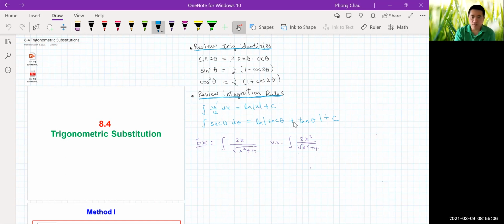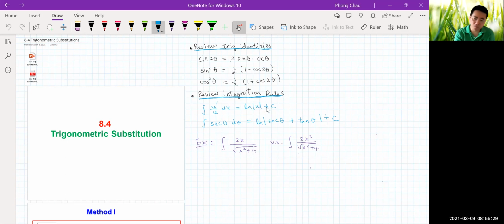All right, if you look at the two examples here, 2x over root x squared plus 4 versus 2x squared over root x squared plus 4, they look very similar. One has a square and the other does not, but the techniques are very different.